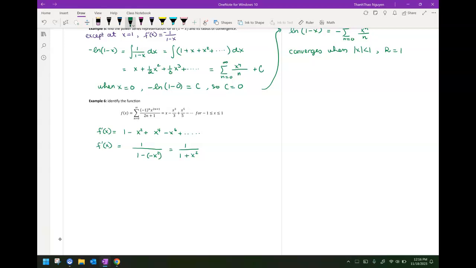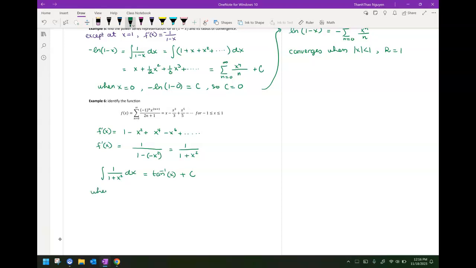Okay. Well, if I go ahead and integrate f prime of x, what do I get? I will get tangent inverse of x plus a constant. Now I need to figure out the constant.